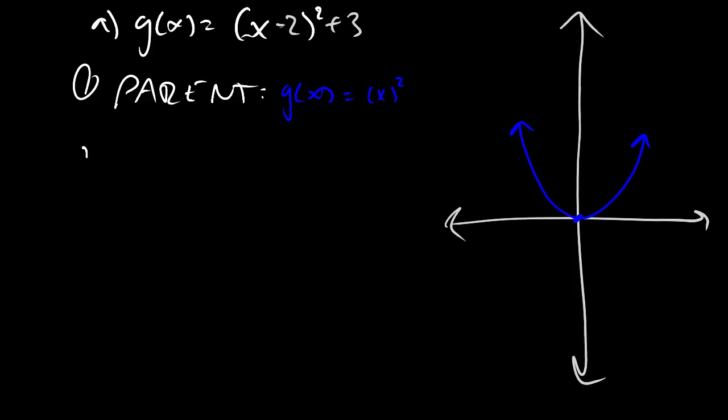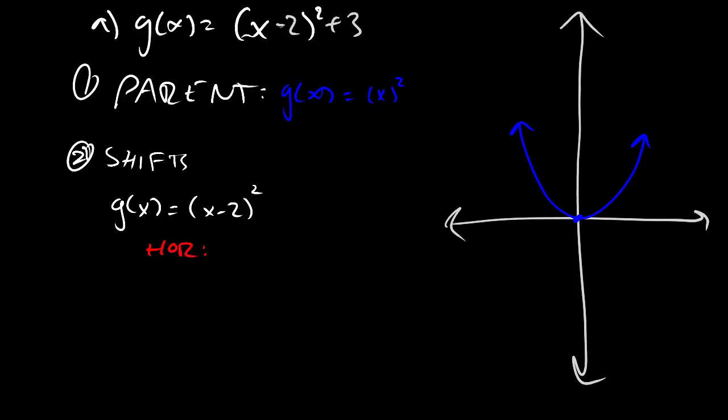And now, step 2, we're going to find shifts. If g of x is equal to the quantity (x minus 2) squared, if the number is attached to our x, we know it's a horizontal shift, and it's going to do the opposite of what we think. So if we think negative 2, it does the opposite and goes right 2. 1, 2, to the right 2.